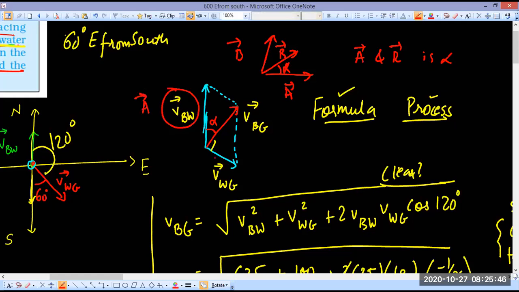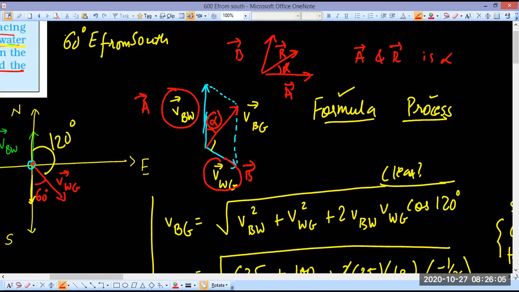I hope you understood that. And the other one is b. Clear? Because I'm making angle alpha here, that's why this is going to be over here.